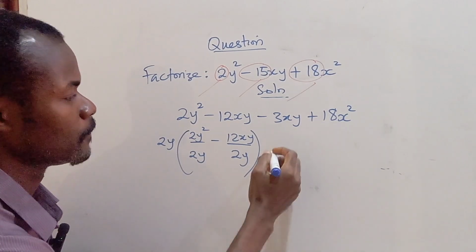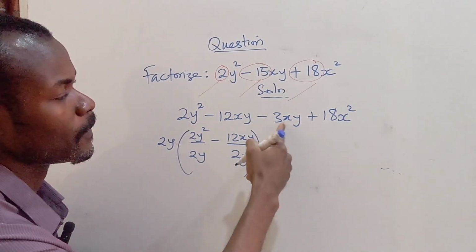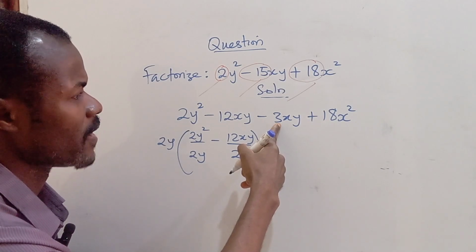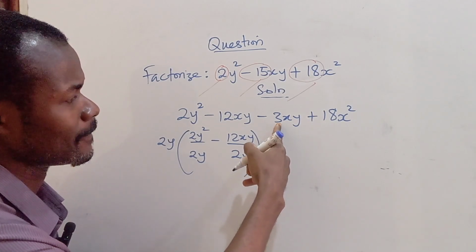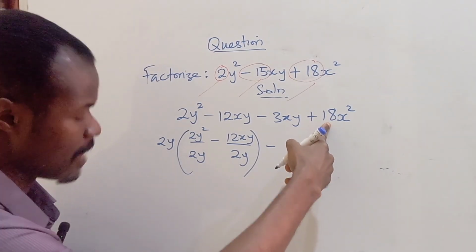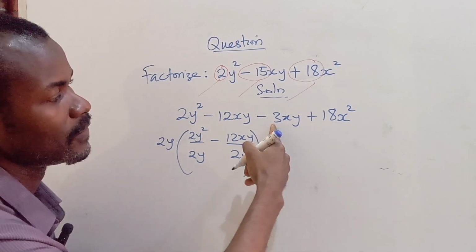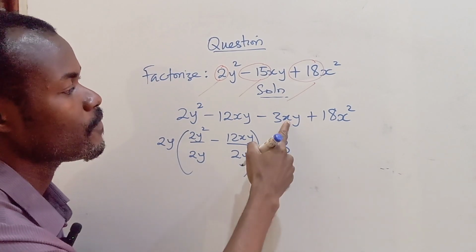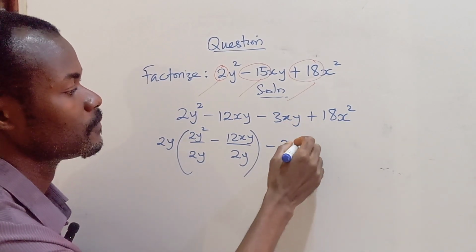Now for the other two terms, what is common? We can look at 3 and 18. 3 is here and 3 can also divide 18, so 3 is common. For the alphabets, x is common.